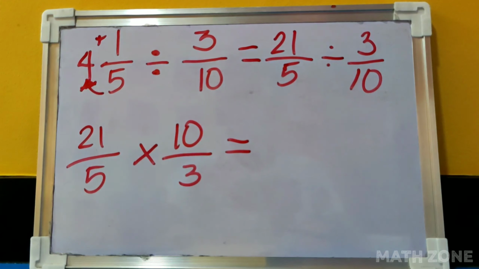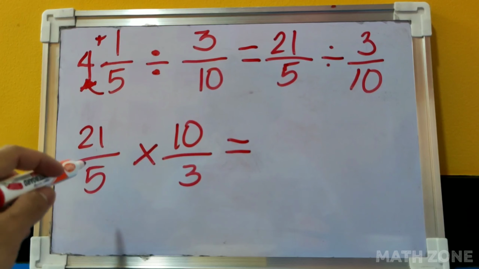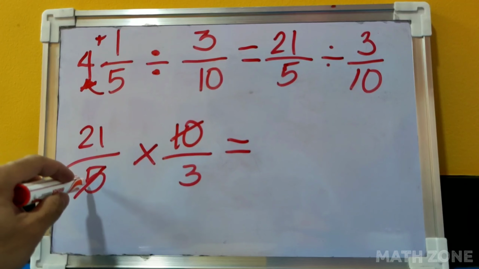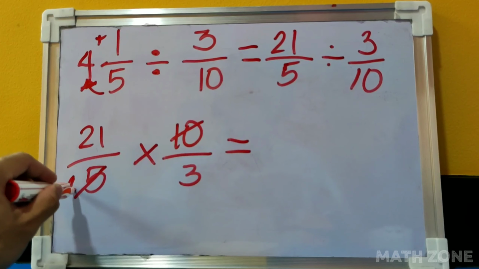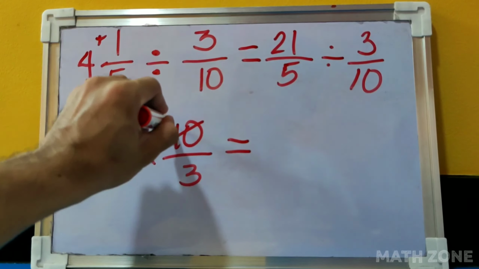Now that we have a multiplication operation here, we can apply the cancellation method. So we have 5 and 10 divisible by 5. So divide by 5. 5 divided by 5 is 1. 10 divided by 5 is 2.